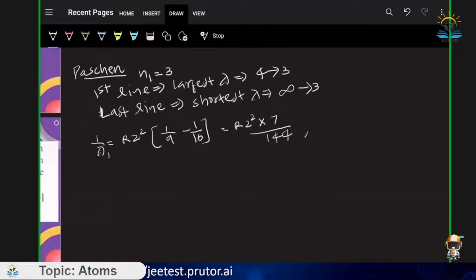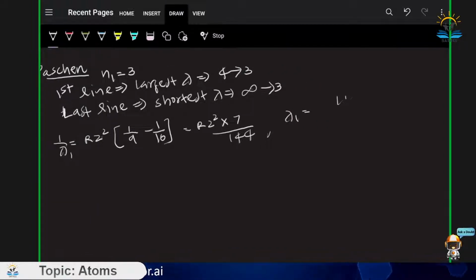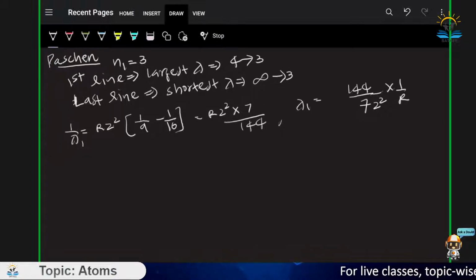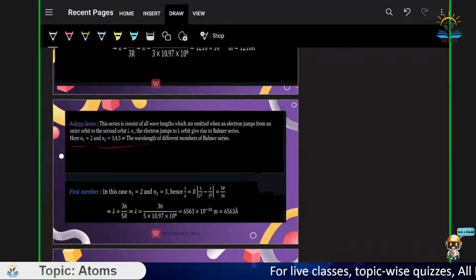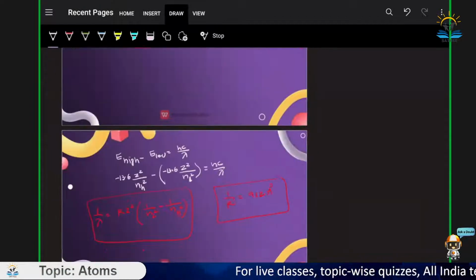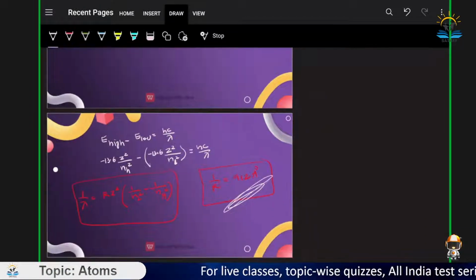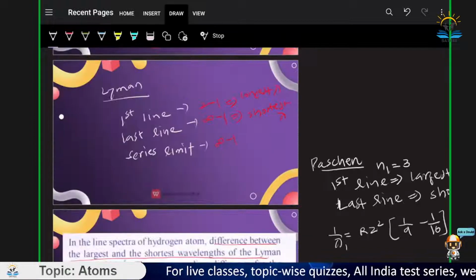So lambda 1 will be 144 divided by 7 z square into 1 by R. We know the value of 1 by R is 912 angstrom.